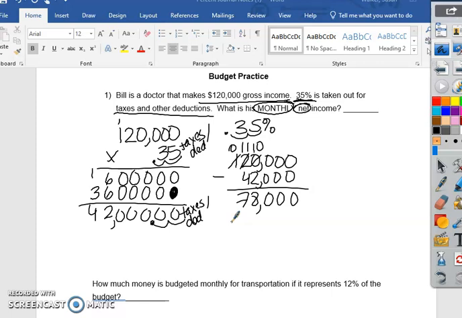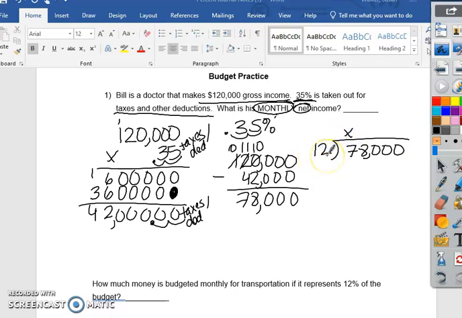Okay, so 78,000 divided by something, because this is for the year. So I need it for the month. So what do you think I divide by? 12, right? Because there's 12 months in a year, so I'm going to split this up over 12 months.